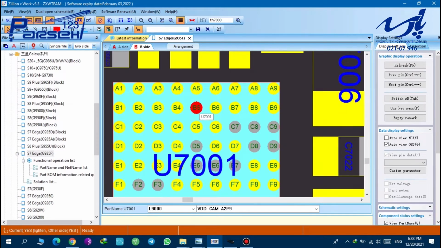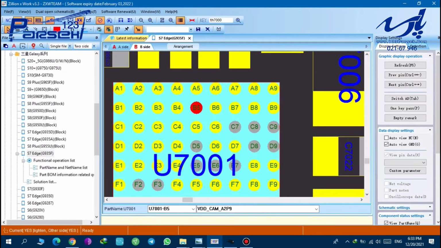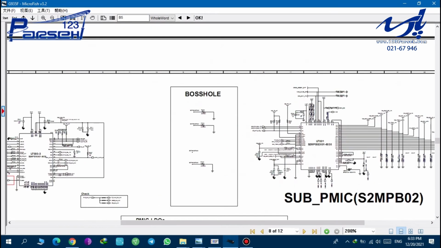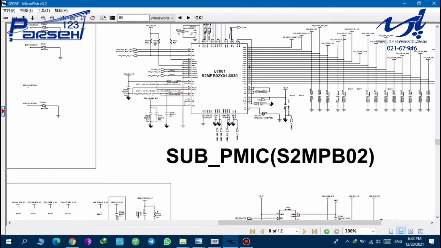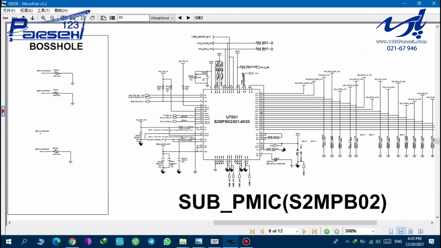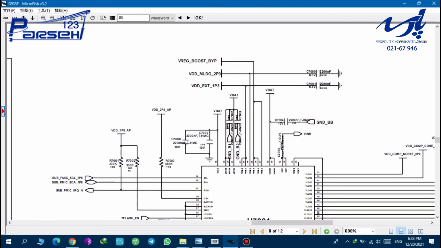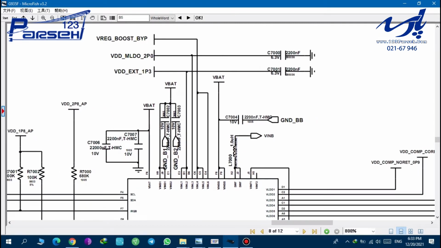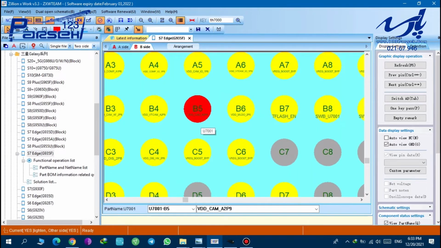It comes from this IC, and this IC, U7001, is the second PMIC, the sub PMIC. S2MPB02 is the second IC for charging, for actually powering up our phone. As you can see, if I'm not mistaken, it goes here to B5.